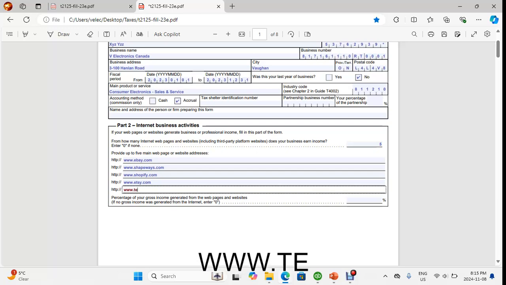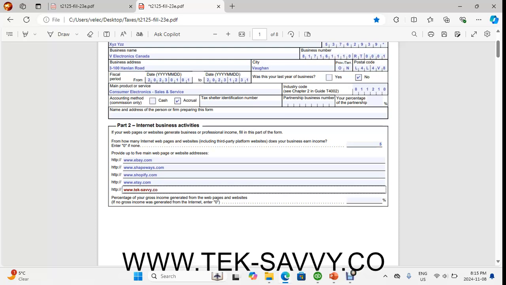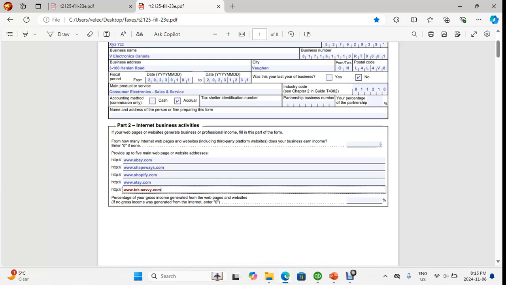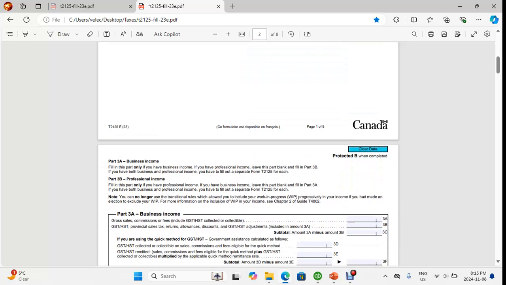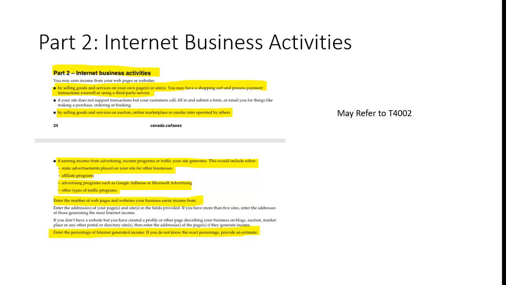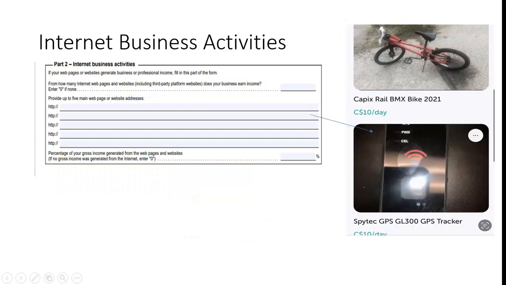Let's say this is techsavvy.com. Percentage of your total income, let's say 0.2%. Not a significant amount. Again, this could be anything online. It could be an application, it could be a website, it could be a rental service that you offer online.